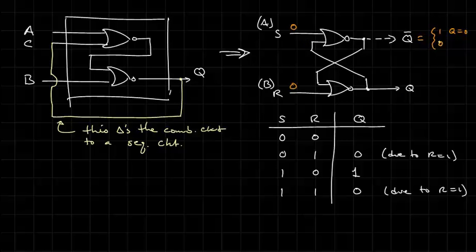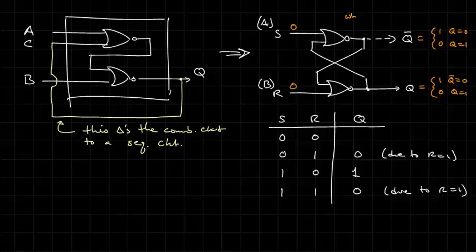And it's going to be equal to 0 if Q is equal to 1. And we can write that Q is going to be equal to 1 if Q bar is equal to 0, and Q will be equal to 0 if Q bar is equal to 1.